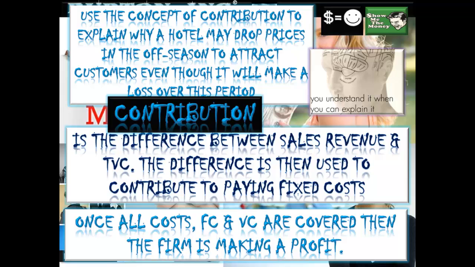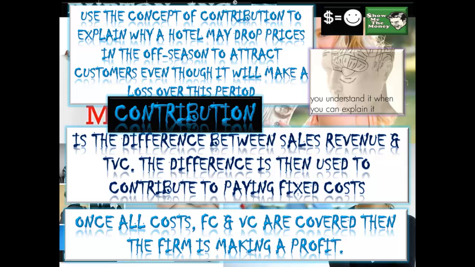But as long as the product that they're selling makes some sort of contribution, it may well be worth continuing to produce and sell that product.